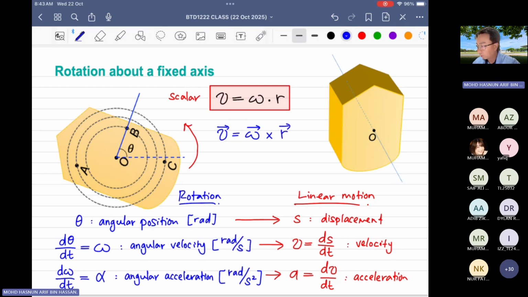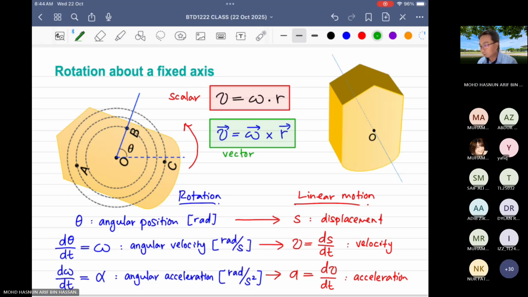Position vector we have learned before, and how to calculate it. So this is the vector equation. We have two similar equations: one in the form of scalar, the other in the form of vector.